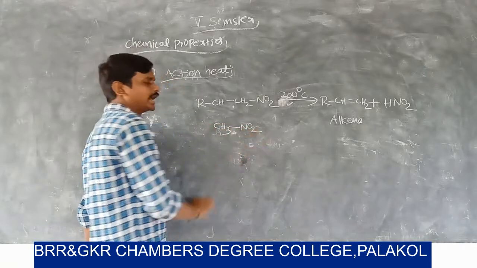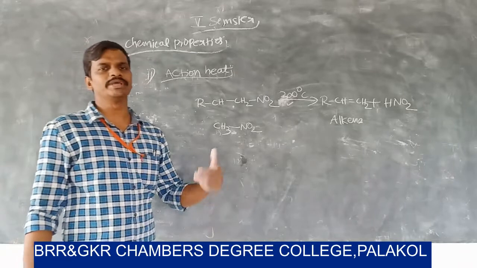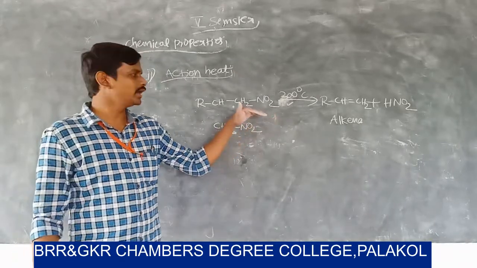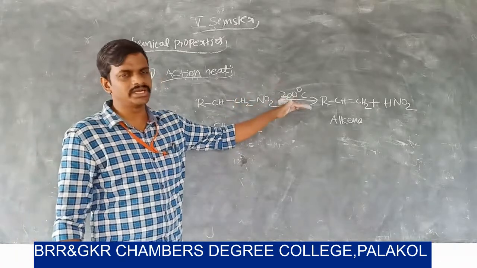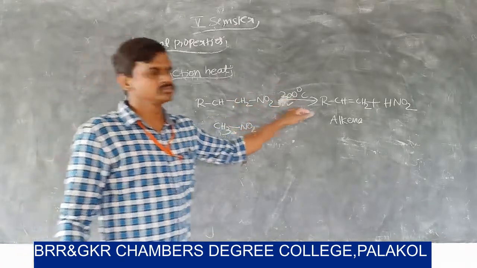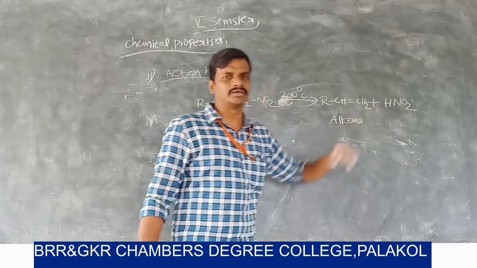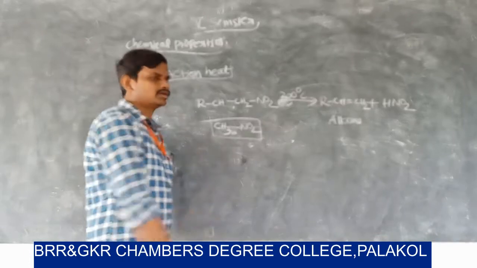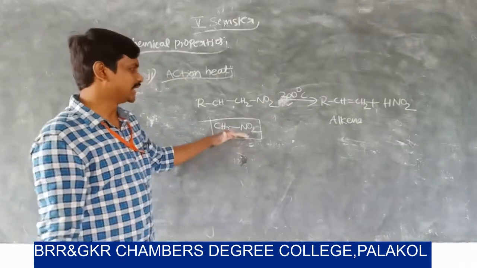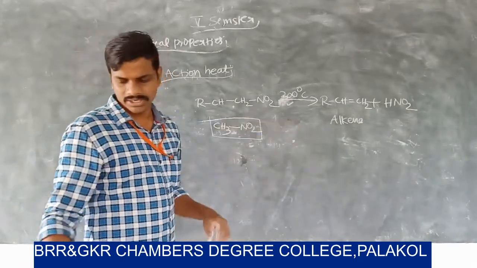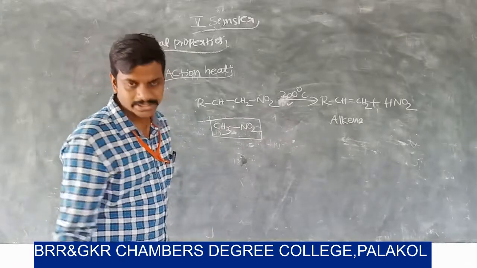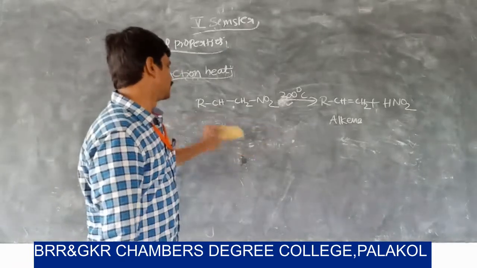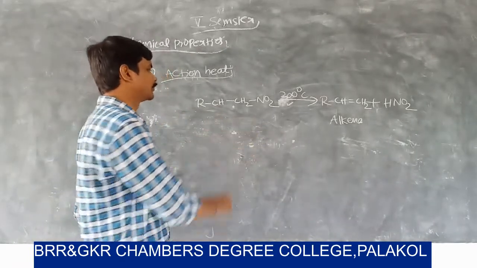That means nitrohydrocarbons containing two or more carbons on heating at 300 degrees centigrade lead to formation of alkene and nitrous acid. But nitromethane on heating at 300 degrees centigrade does not produce alkenes because of the absence of beta hydrogen.